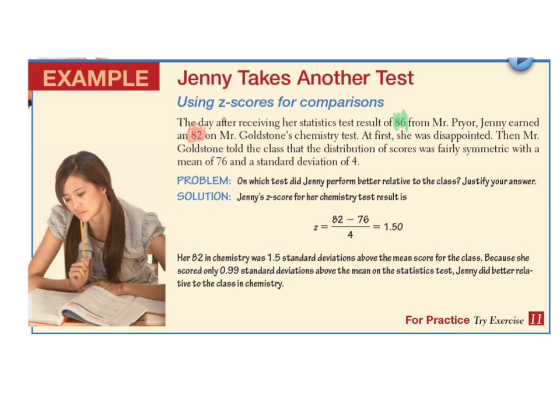Mr. Goldstone told the class that the distribution of scores is fairly symmetric with a mean of 76 and a standard deviation of 4. Looking at the problem, we're being asked: on which test did Jenny perform better relative to the class? Justify your answer.